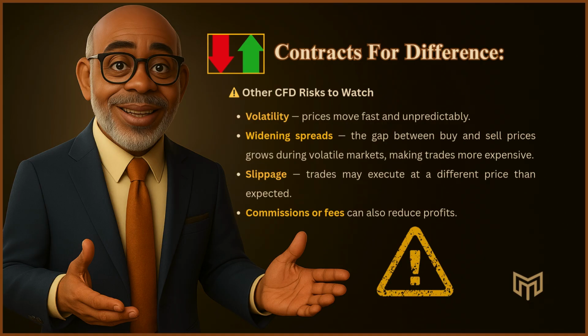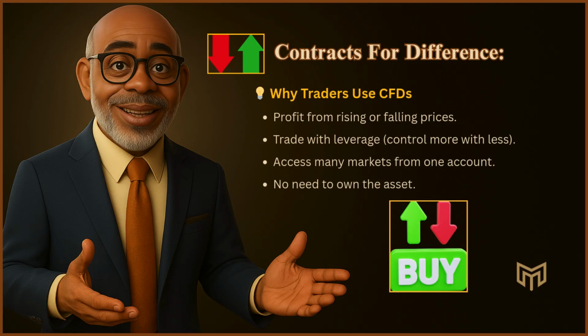Even if the market moves in your favor, these costs can affect your results. Here's why some traders use contracts for difference. They can profit from rising or falling prices, trade with leverage to control more with less, access many markets from one account, and they can do it without owning the actual asset.